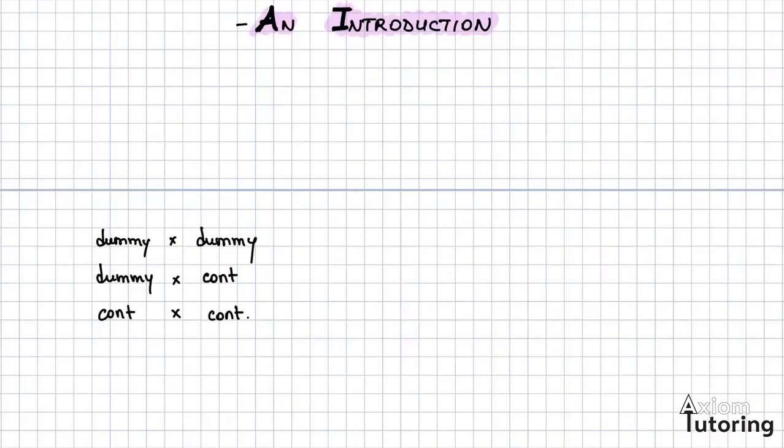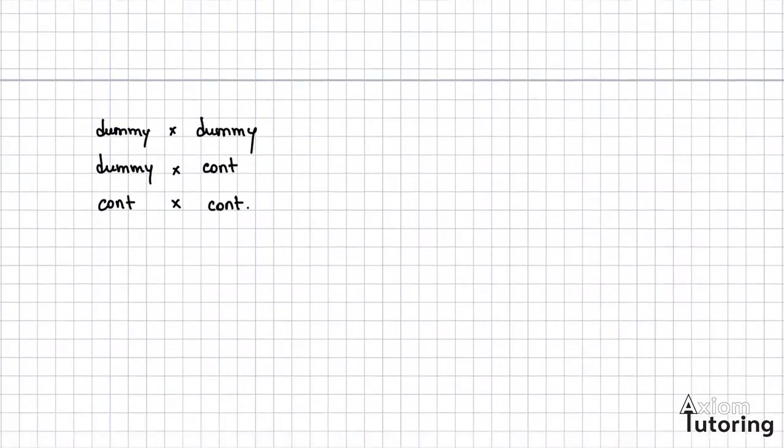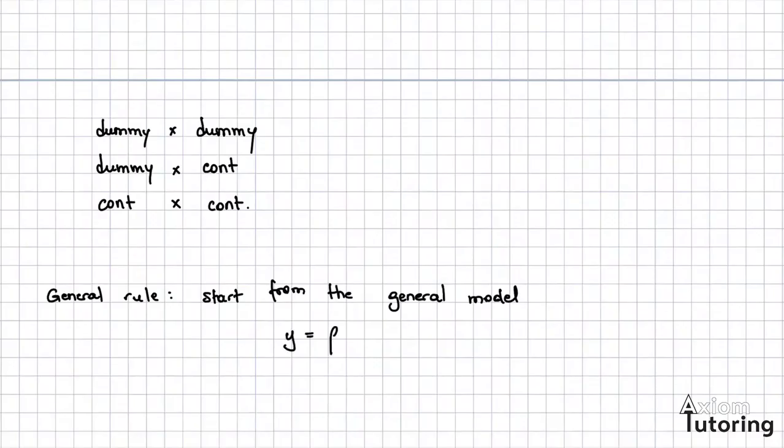The general rule is to start from the general model, meaning you have a model that looks like y equals beta 0 plus beta 1 x plus beta 2 z, and then ultimately beta 3 x times z plus an error term, okay?